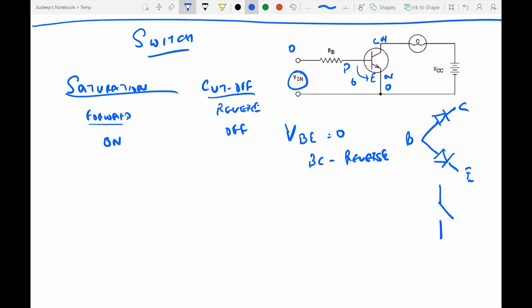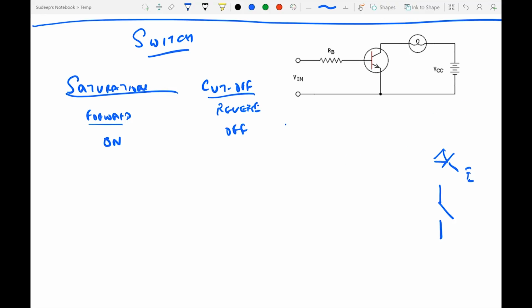Now let's apply some voltage Vin to the base. Because there would be some voltage at the base and the emitter is on ground, we would have the base emitter junction forward biased.